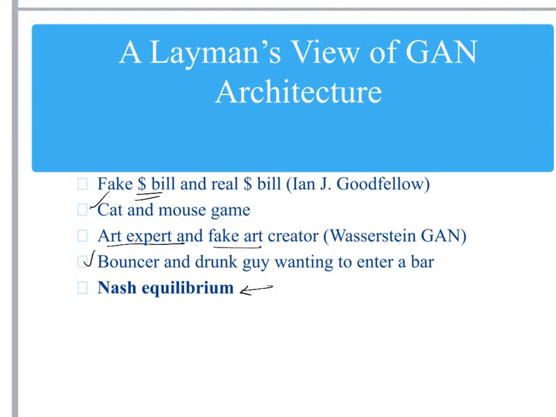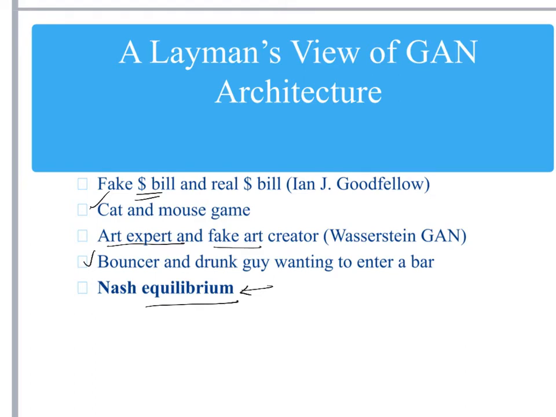The way Nash equilibrium works is this. Think of a game, any scenario where two players are involved. They will settle down at a position where it's beneficial for both of them, which we call the equilibrium point. That means the point where they settle down is beneficial for both parties. If one of them moves away from that point, the other person is going to make a similar or opposing move depending on their own benefits.